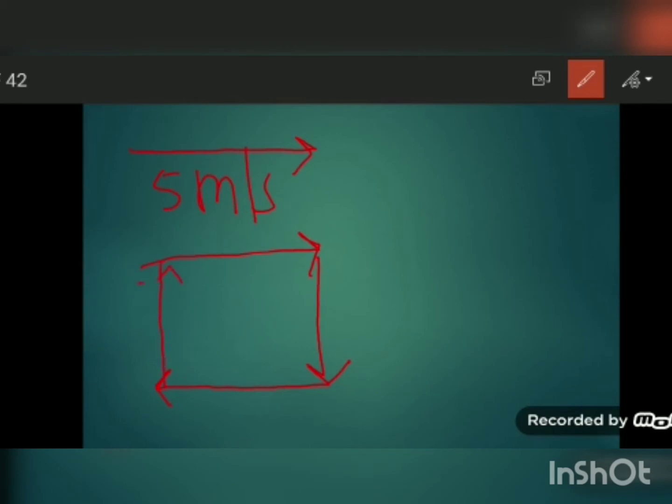Here also the object is moving with velocity 5 meter per second, but in this full journey the object has changed direction how many times? 4 times. Here first, second, third and fourth. So this motion is not with constant velocity, so it is not uniform motion, but it is accelerated motion because velocity is changing, and whenever velocity changes we say it is accelerated motion.